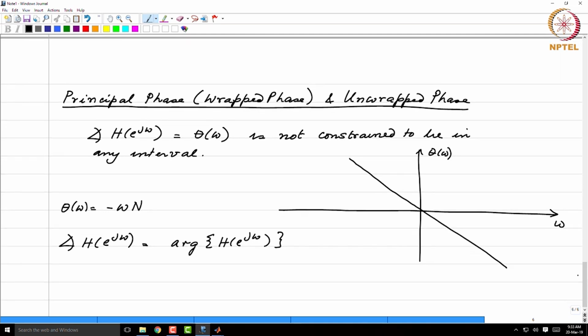Suppose we restrict the range of the phase.